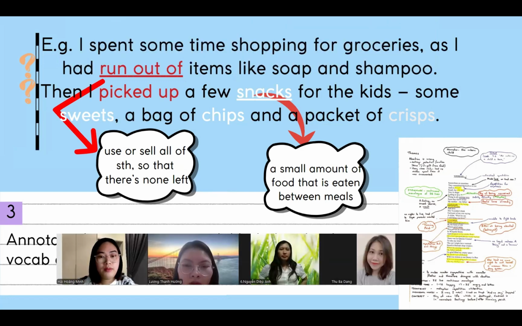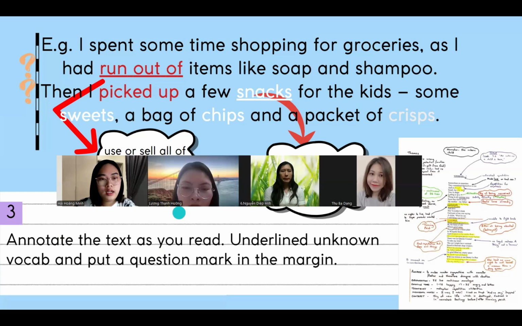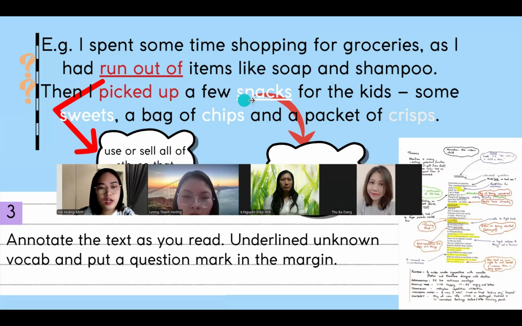In the end, you can turn back to the word and review it. You can see here, annotate the phrase run out of and its meaning, then underline the unknown word and put a question mark in the margin here. And you can easily review after you finish reading.